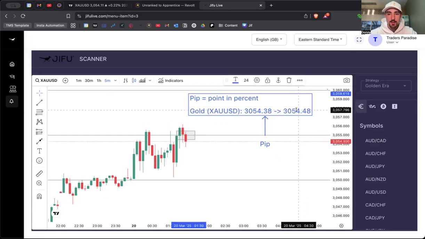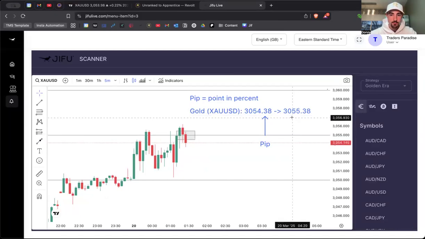If we saw a fluctuation to this, that would be a 10 pip fluctuation. Does that make sense for pips?